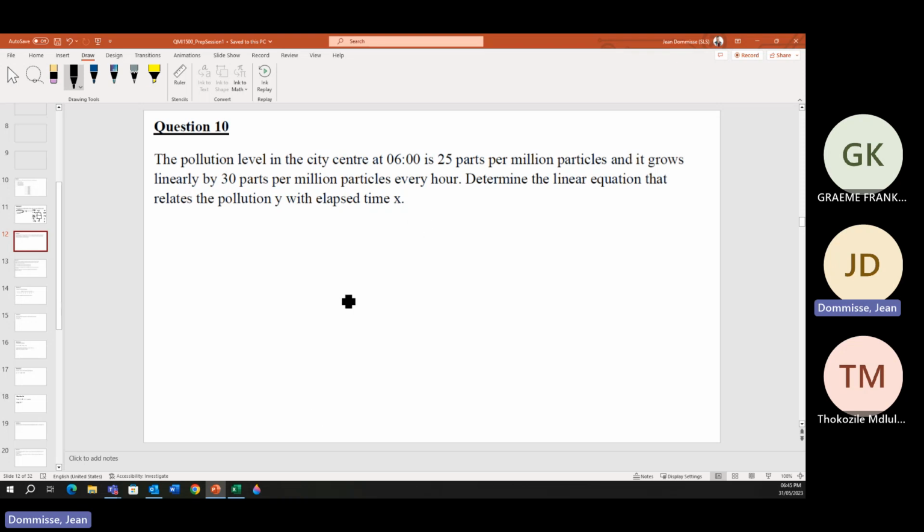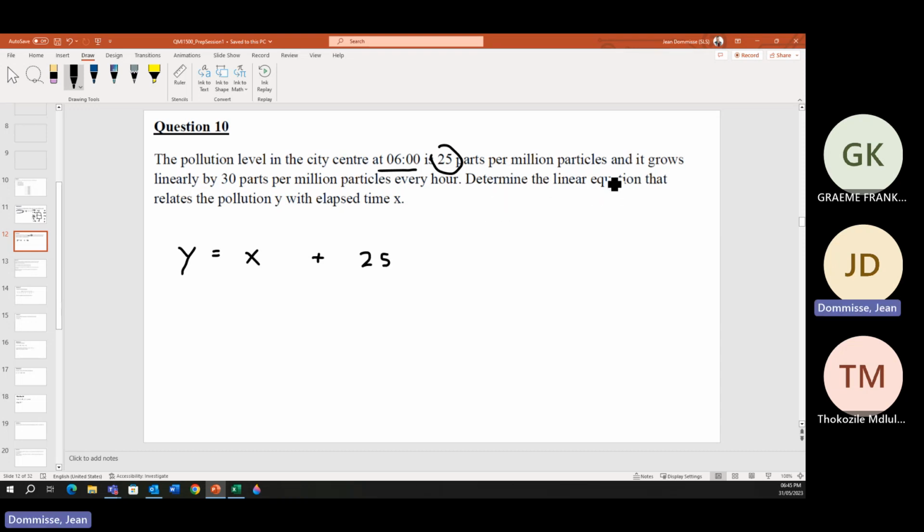Okay, so in this instance, if I look at this question, when you start off with a measurement, there's 25 parts. So however that would look like, I know that when X is 0, I start off with 25.